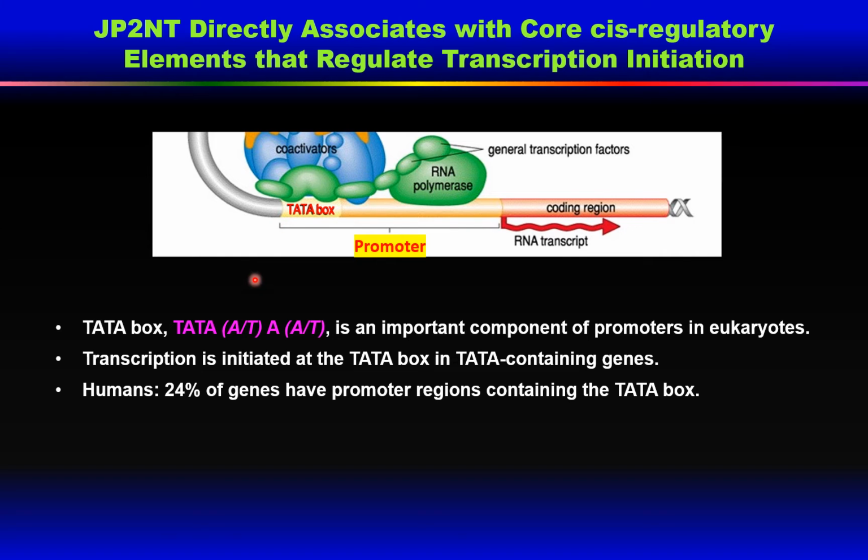We may know that the TATA box is an important component of gene promoters, which is responsible for transcription initiation in TATA box containing genes. To study whether Junctophilin-2 can directly interact with the TATA box, we performed gel shift assay.